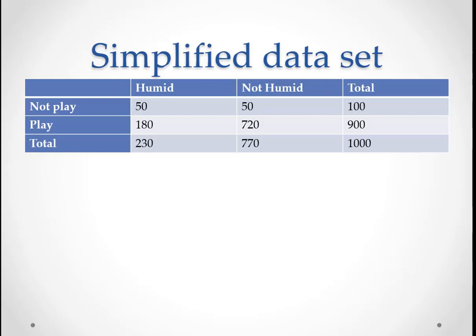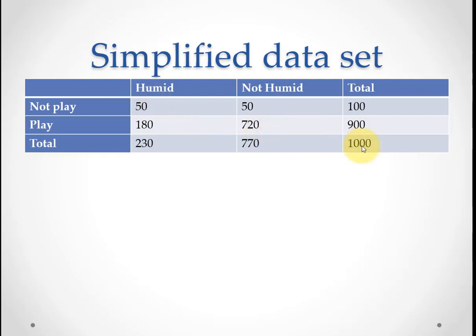But we're only going to have one predictor variable, humidity, and it's only going to take two values, humid and not humid, or true and false, and we're going to set it up in what we call a cross tab. In other words, we're going to have a table like this. We're presenting it like this instead of as rows.